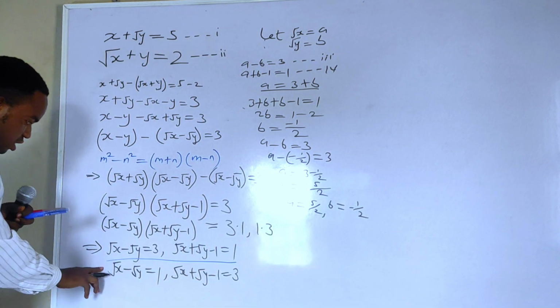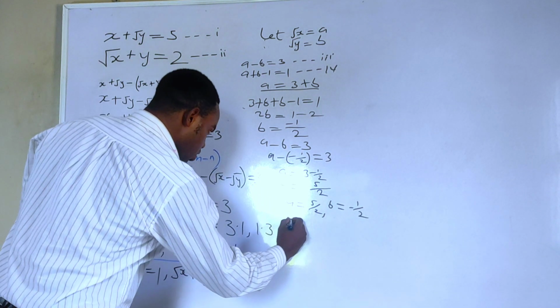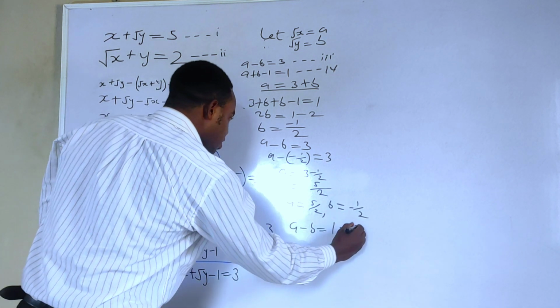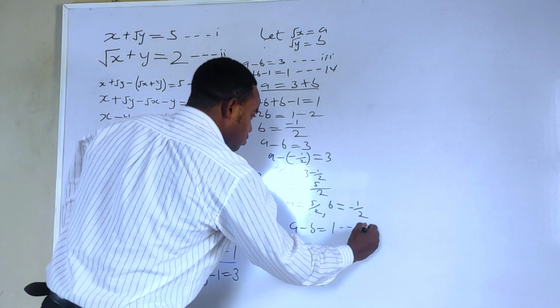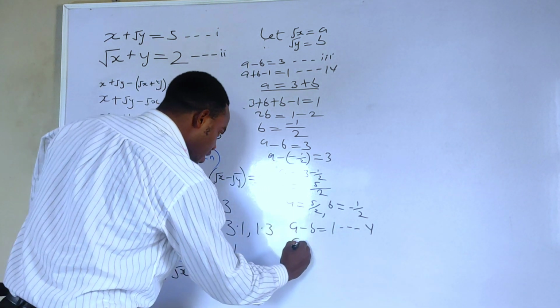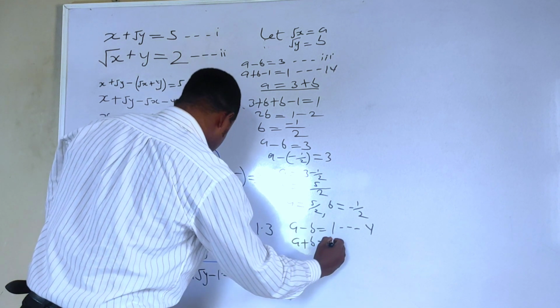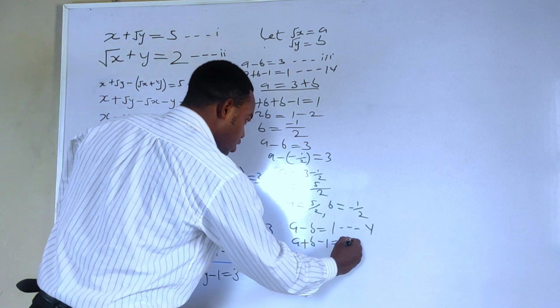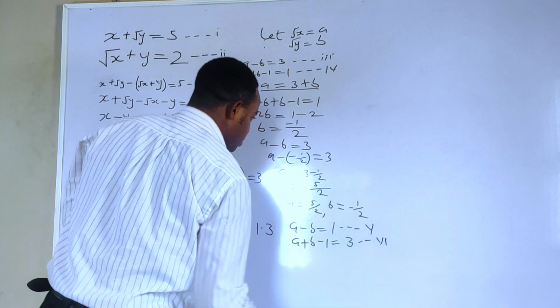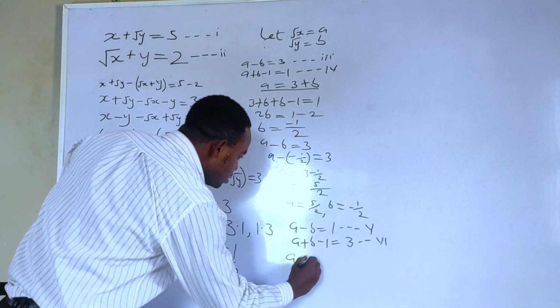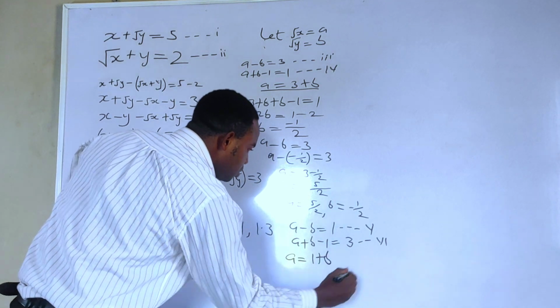Next, let's proceed to the next one. The next set of equations is a minus b is equal to 1. So let us call this one 5. And a plus b minus 1 is equal to 3. And I'll call this 6. Okay. So from equation 5 here, a is equal to 1 plus b.